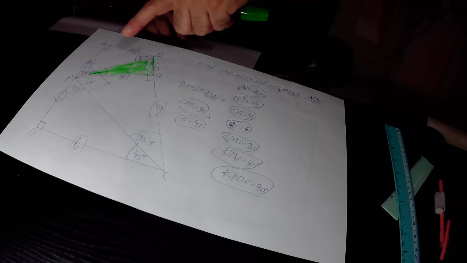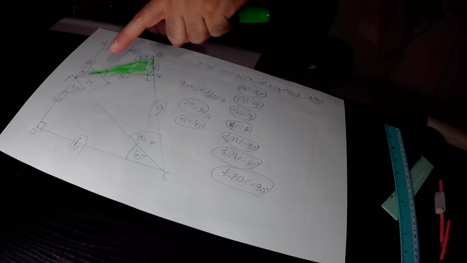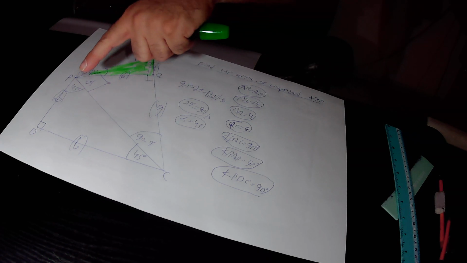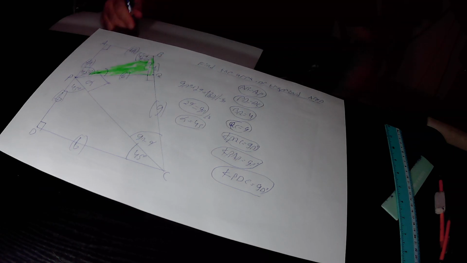So what is the area of the right triangle PDC? It is equal to the base, that is B, times the height, that is also B, so it is B squared over 2.